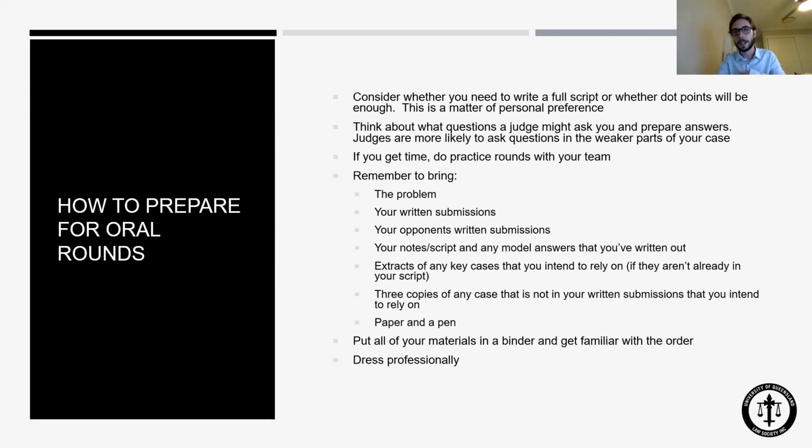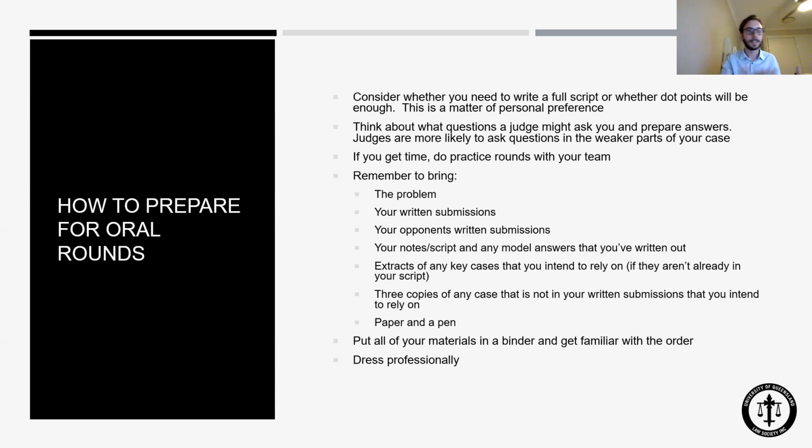That's just so that everyone is on the same page when you start to cite cases that are outside of your submissions. Now, to be totally clear, it's important that we say rely on the case in these circumstances, because there will be circumstances where the judge might ask you about an issue of law that's not really within the scope of your written submissions, but that you might want to have authority on.